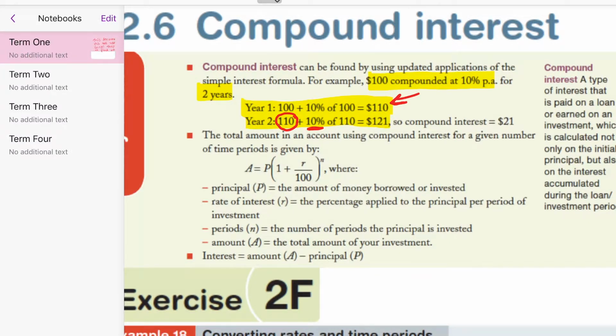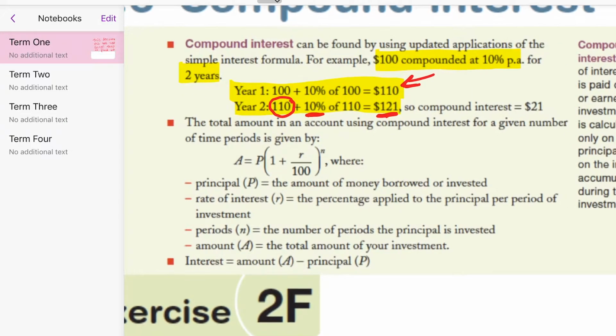And then you're adding another 10% onto that $110, which then means you're now at $121 at the end of the second year. So whereas simple interest, as it says, it's a lot easier to work with, compound interest has a little bit more of a complexity to it.